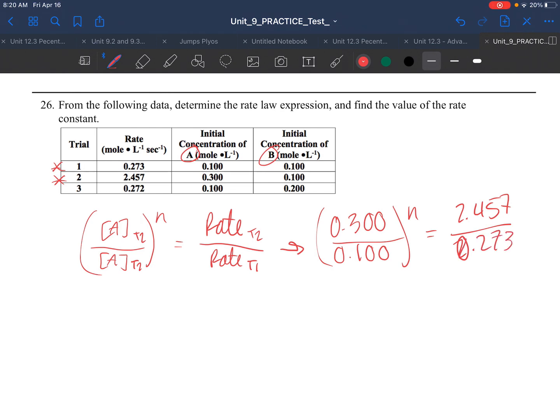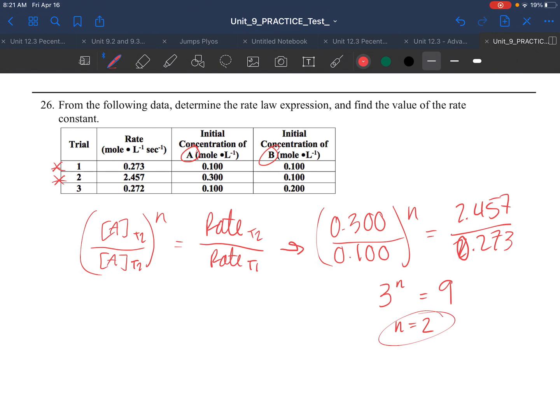If you simplify that, you get that 3 to some power of n is equal to 9. Now you may be wanting to throw a 3 as an exponent because you think 3 times 3 is 9, but don't forget exponents are how many times you multiply that thing by itself. So 3 times 3 would actually be n is equal to 2.